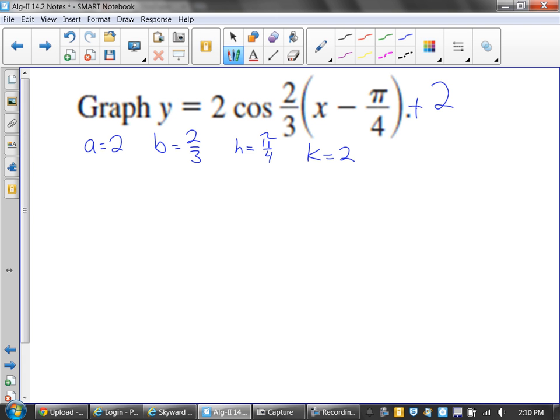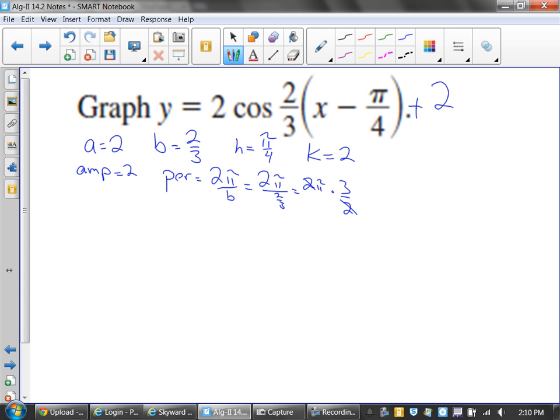If my a value is 2, what's my amplitude? 2. Good. What is my period then? Very good, it's 3 pi. Remember, when you're finding the period, you take 2 pi divided by b. In this case, it's 2 pi divided by 2/3, which is 2 pi times 3 over 2.